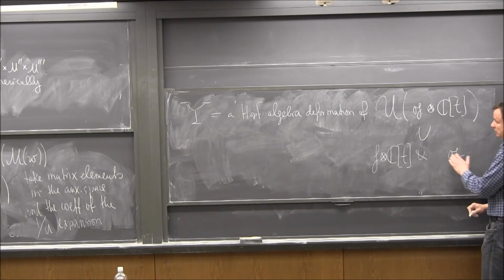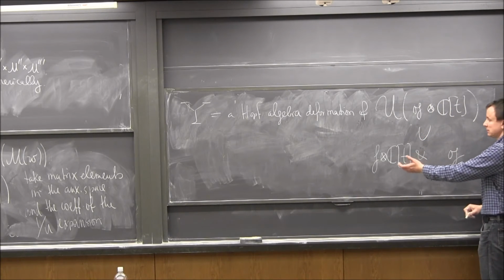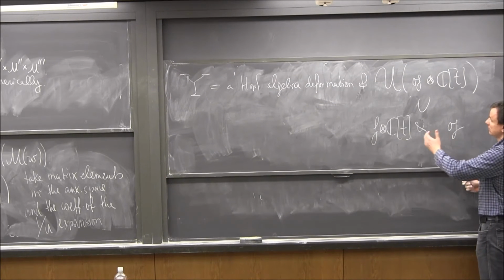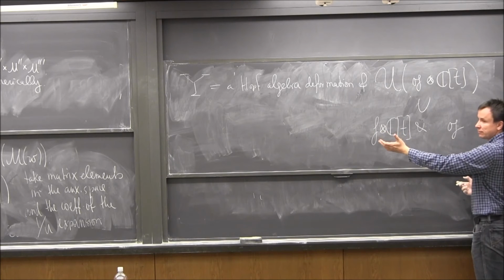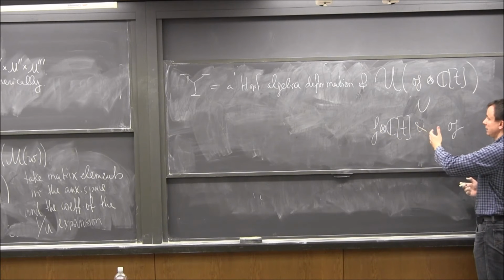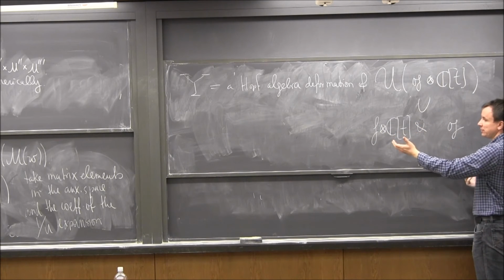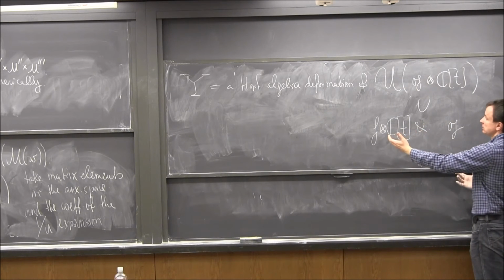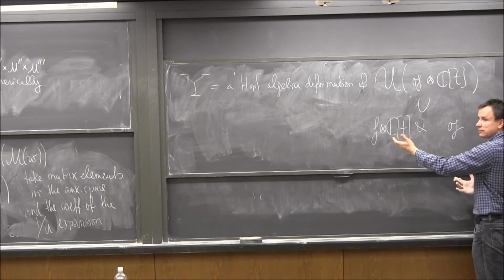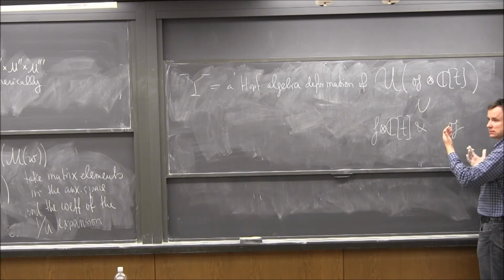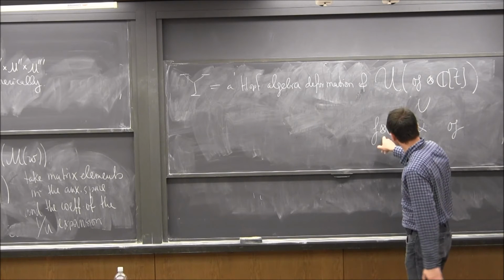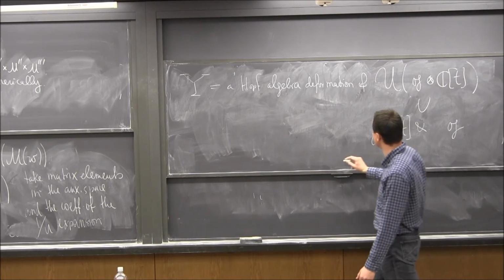Both have nice properties: one is a commutative algebra, the other is a Lie algebra. Both remain in some sense undeformed. It's the commutation relation between them that gets deformed. So this stays a commutative algebra, and that stays the same Lie algebra.